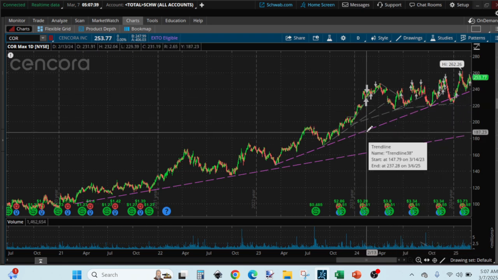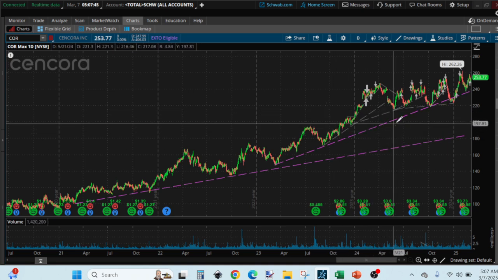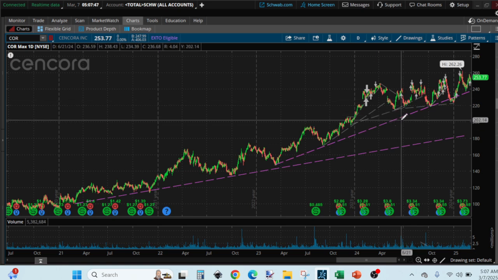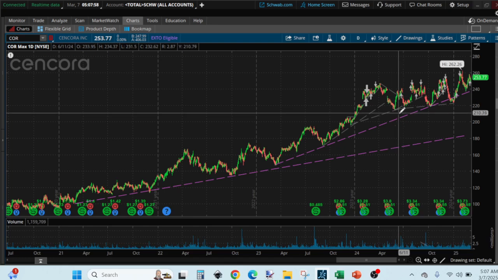You're pretty much trying to figure out if the top trend line is the upper wall for the upside of the mountain. Does that make sense? Do you see this mountain here?